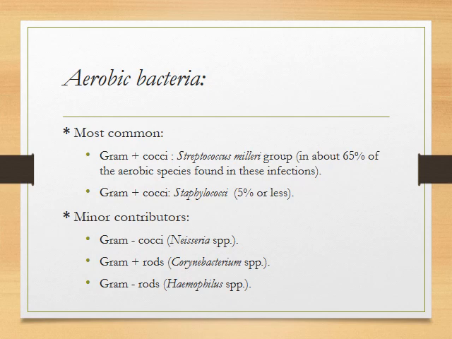Minor aerobic bacteria contributors are gram-negative cocci, Neisseria species, and gram-positive rods, Corynebacterium species, and gram-negative rods, Haemophilus species.